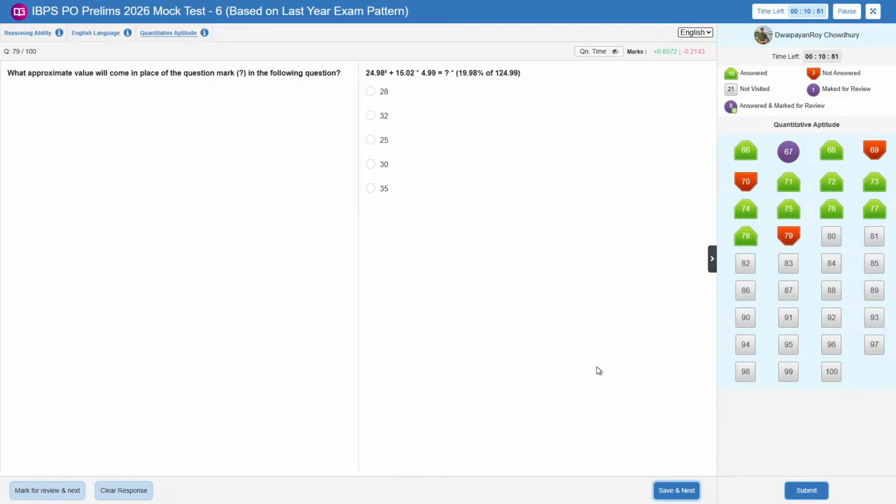So 25 square, 625 plus 15 into 4, 60 is equal to x times 1 by 5th of 125. It's going to be 25. Okay, so it's 25 plus 2, close to 27, 28.